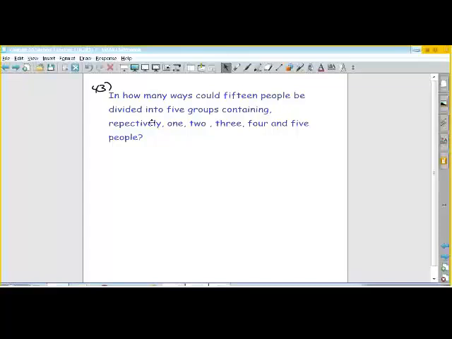When you picked 1, 2, and 3, that's 6 people, so there's 9 people left. You have 9 people left to put in a group of 4, and then you have 5 people left, which you stick in the remaining group. So the way you would solve this problem is this way. First, you have 15 people, and you choose 1 person.